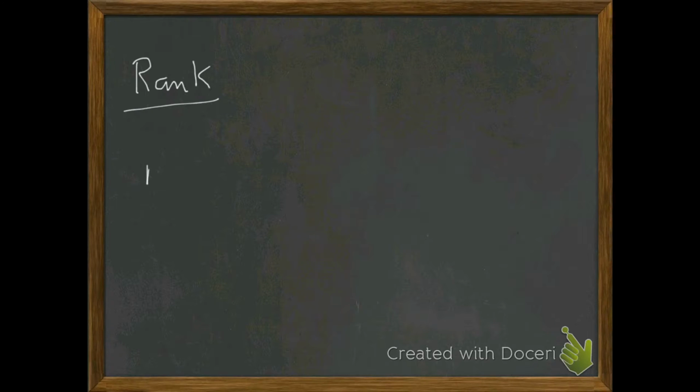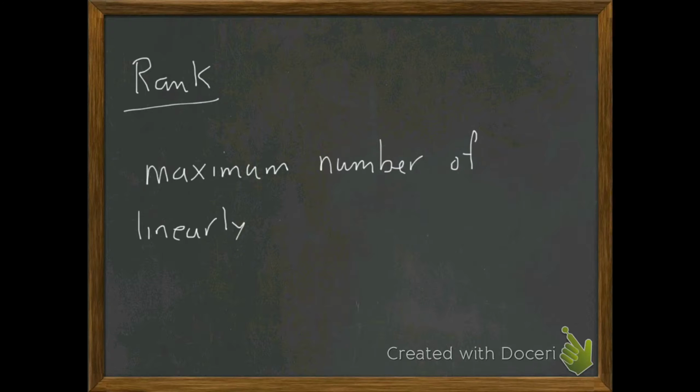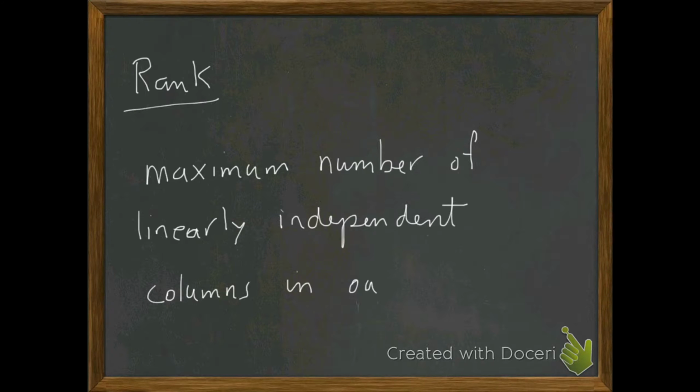The definition of a rank of a matrix, as I see it, is the maximum number of linearly independent columns in our matrix.